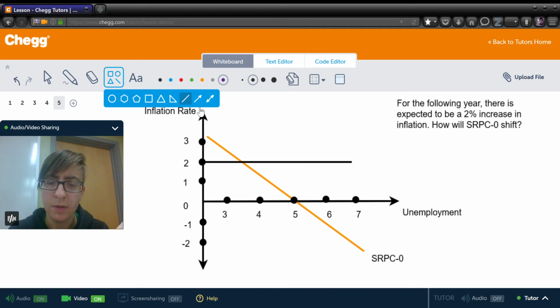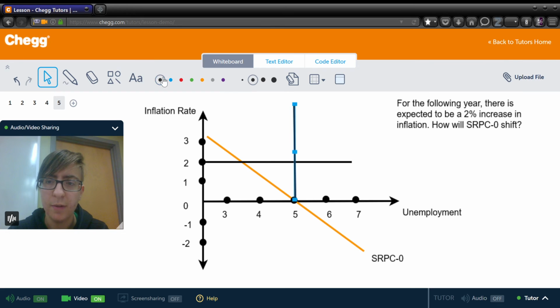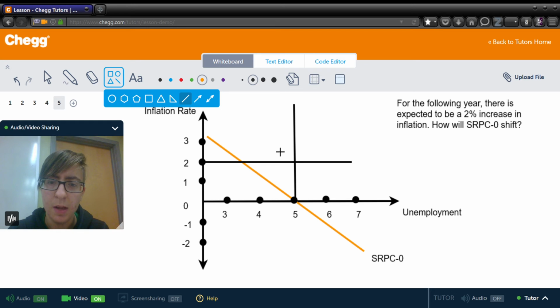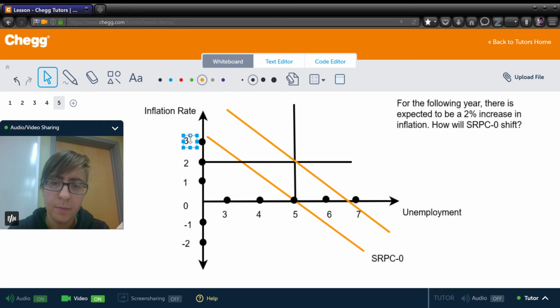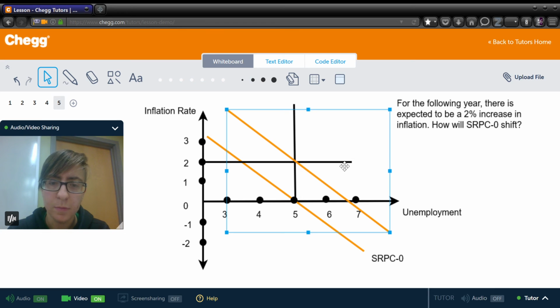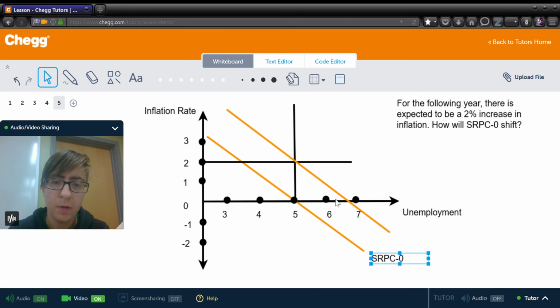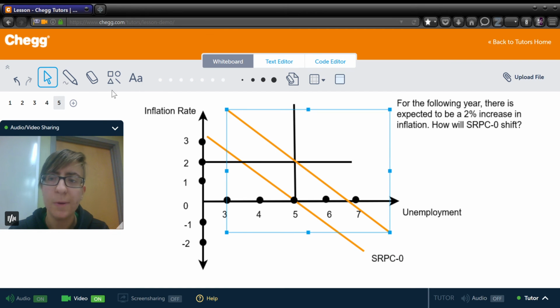And again, just to make sure I don't mess up the scaling of this, I'm going to draw another reference line for myself. I apologize for that part, but I just want to make it clear where exactly I'm going with everything. So it will pass through that point. And you will have a 2% increase.